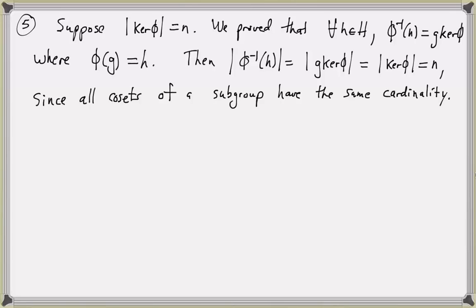So g kernel phi has the same size as kernel phi, which is n.